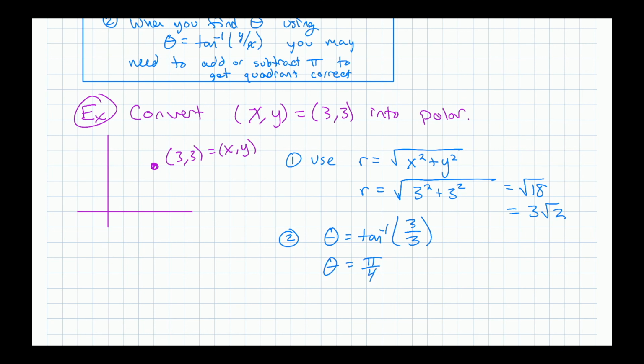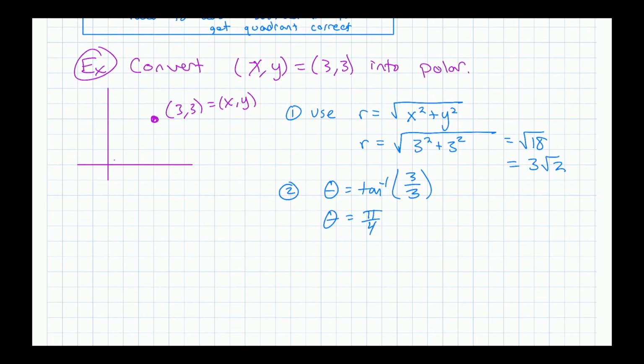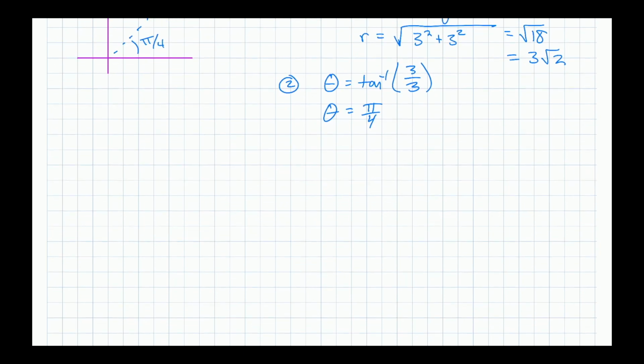And that's good because that is actually this angle, right? That angle is pi over 4. So we're fine. Since theta equals pi over 4 is quadrant 1, and we know 3, 3 is quadrant 1, theta equals pi over 4 is correct.